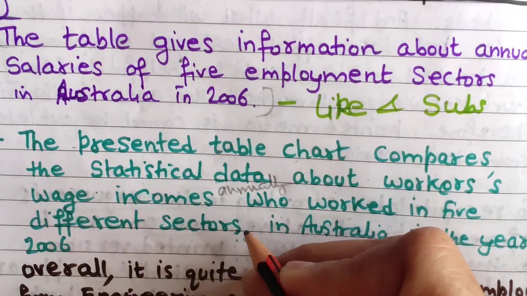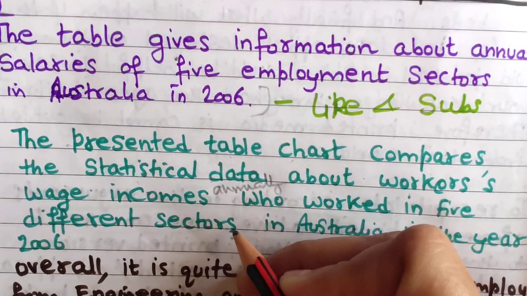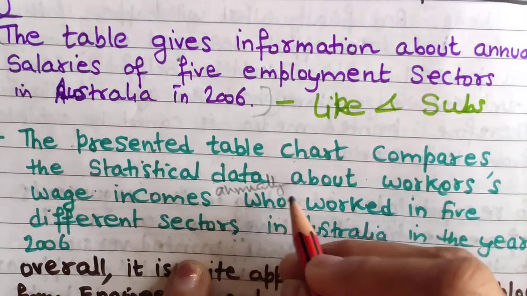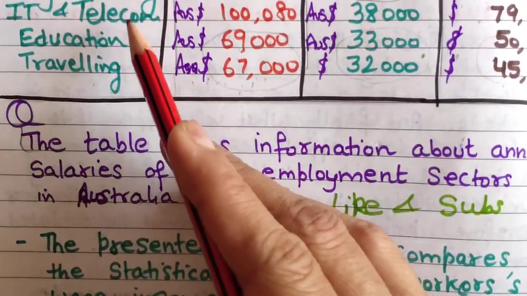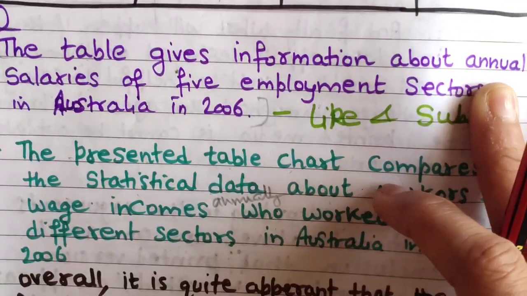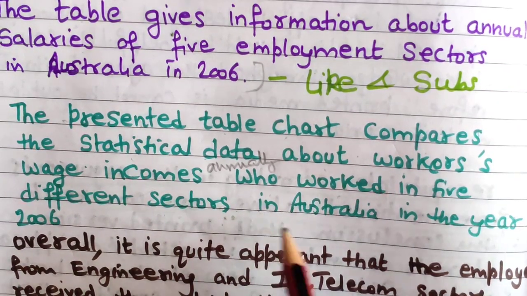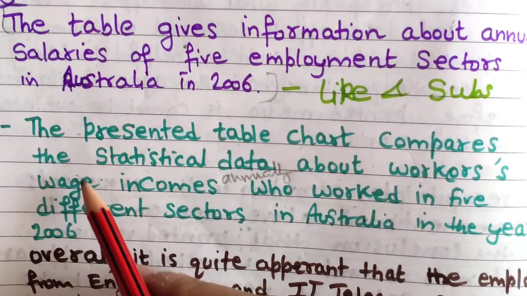Now if you want to add more words, then here you can write in brackets the names of the 5 different sectors. These are sales, technology and all. Okay, so here in Australia in the year 2006, so I have changed it.